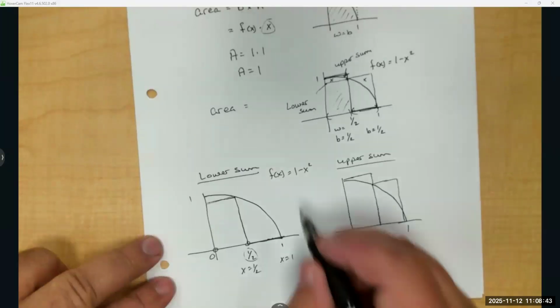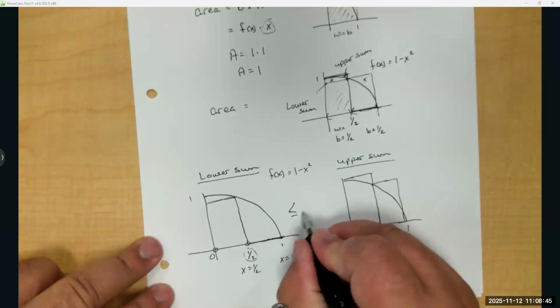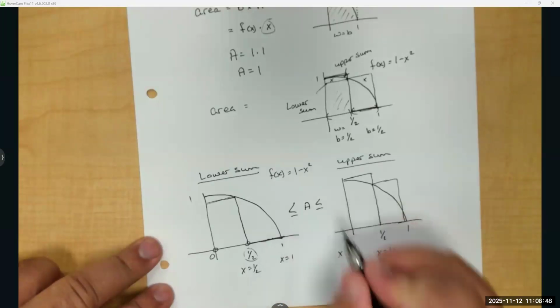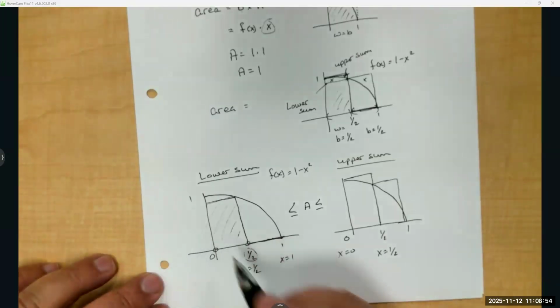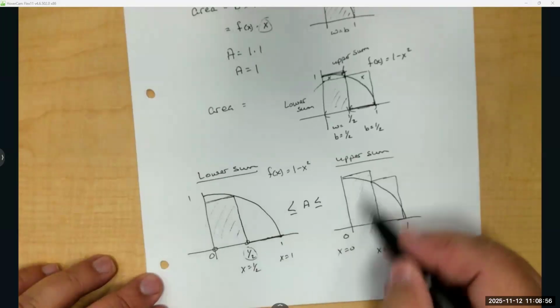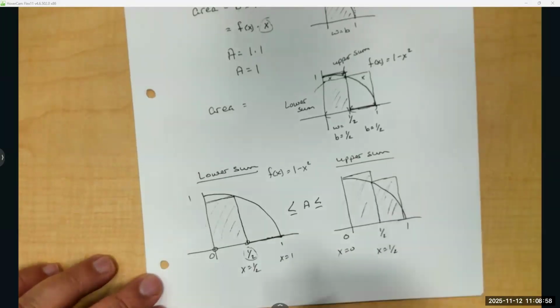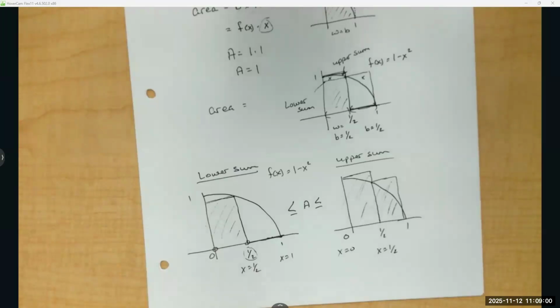So now you see our true area has to be somewhere between these two. We have this area here, or we have this whole area here. This is important. If you see that concept, you have to know. If not, then I have to continue explaining it. You understand what I'm talking about?